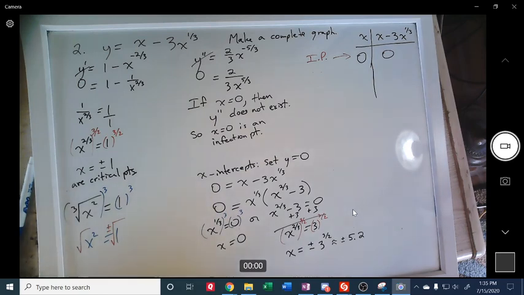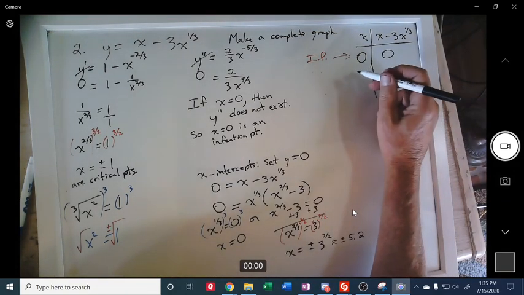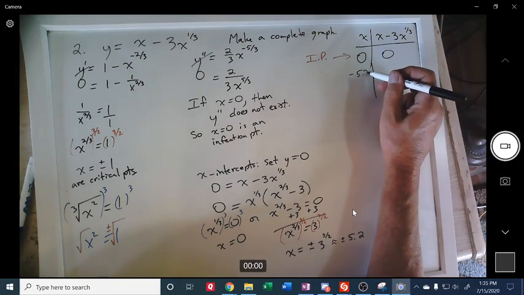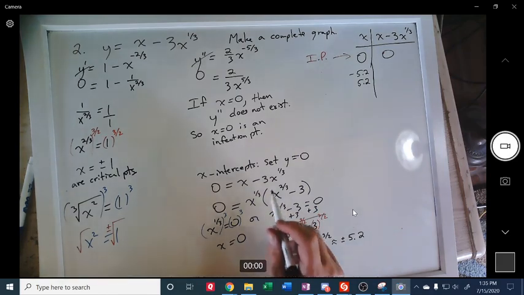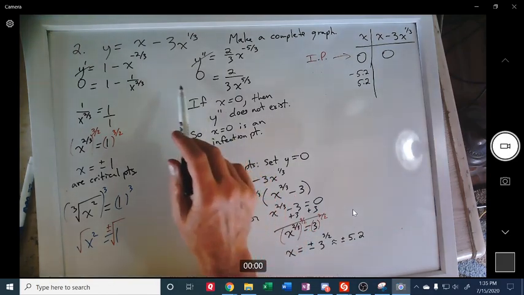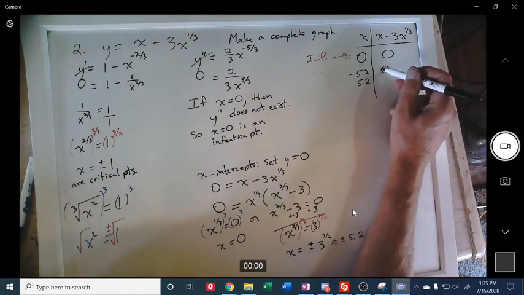Okay, so my other x-intercepts are going to be negative 5.2, positive 5.2. If I plug them in, I'm going to get 0 for the y.